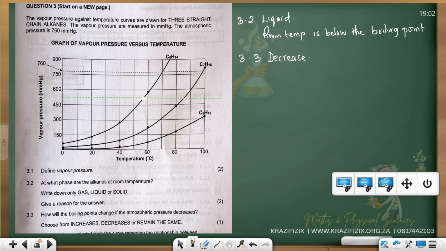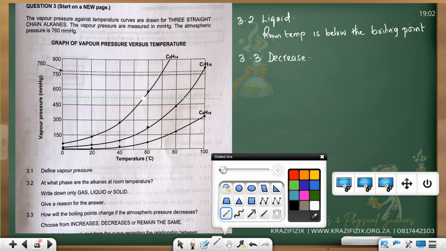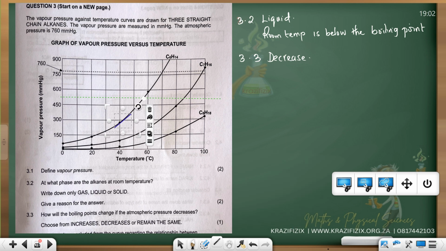Let me show you something even from this graph. These graphs are not bent the same way. Because if it were inversely proportional, I should be able to find the gradient at this point, and it should be equal to the gradient at that point. So there's no mathematics there.